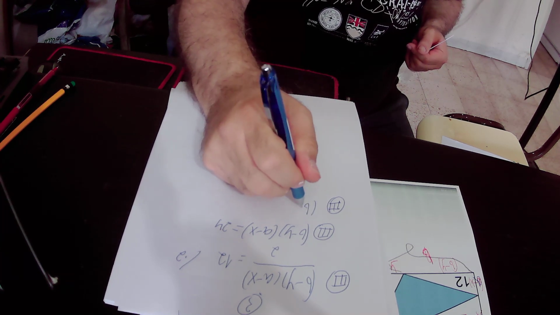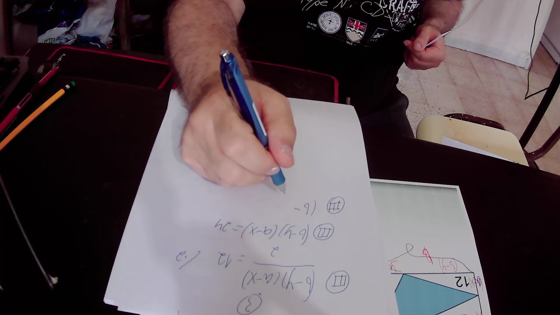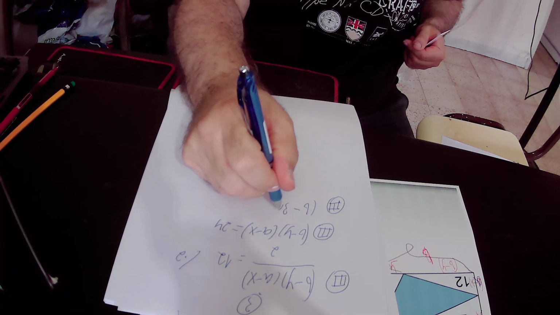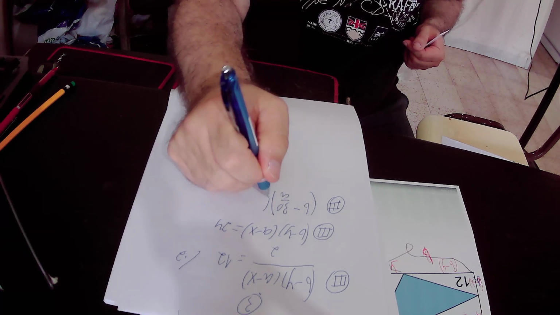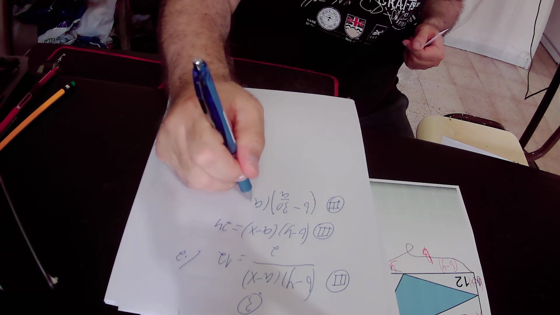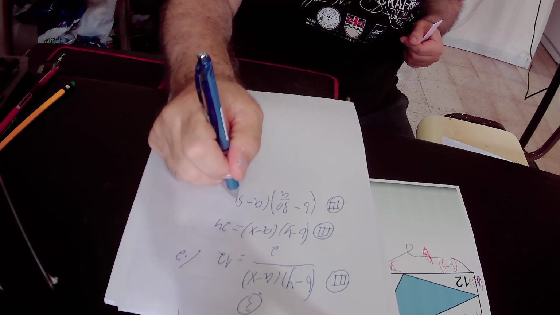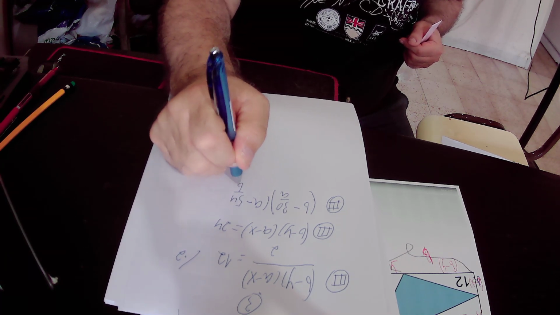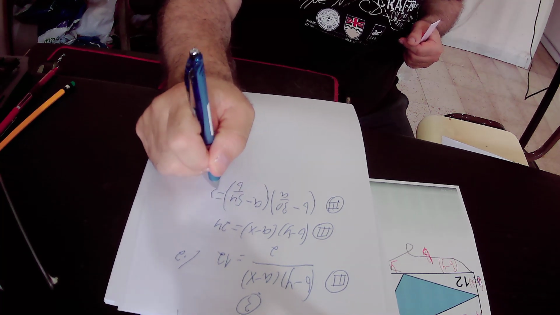So b minus y, instead of y we will write 30 over a, times a minus x, and instead of x we will write 54 over b, all equals 24.